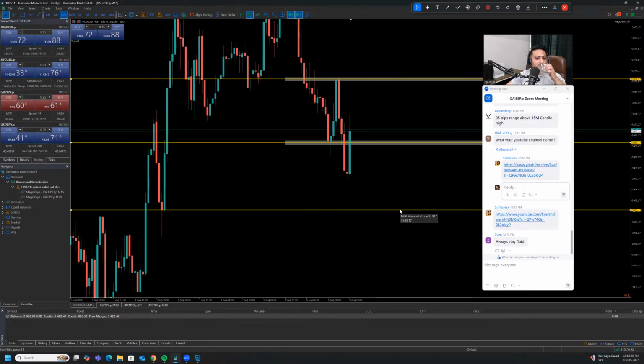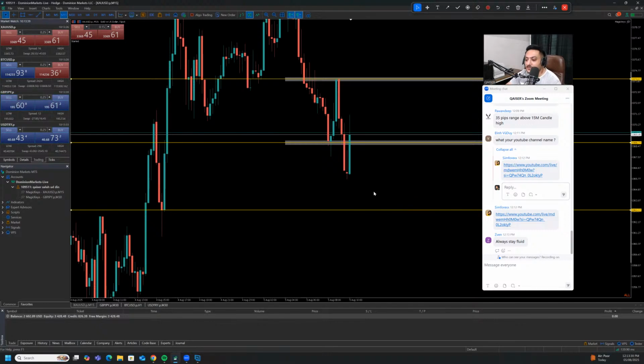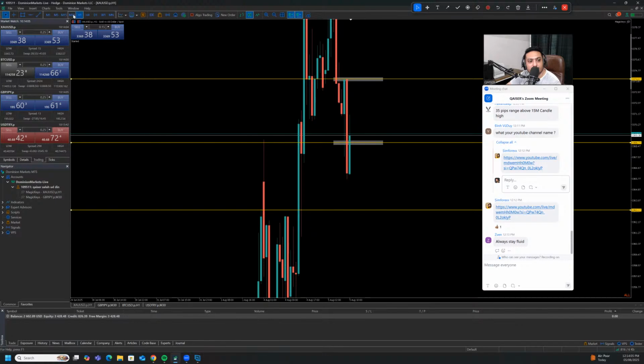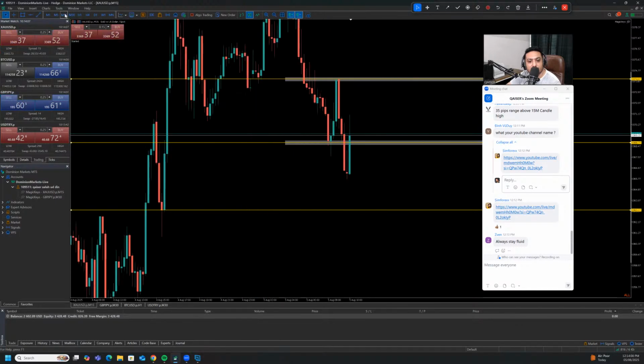Okay, look at this one. There's almost 1 minute left for the closure of this candle. M15 is still open. M30, M15.